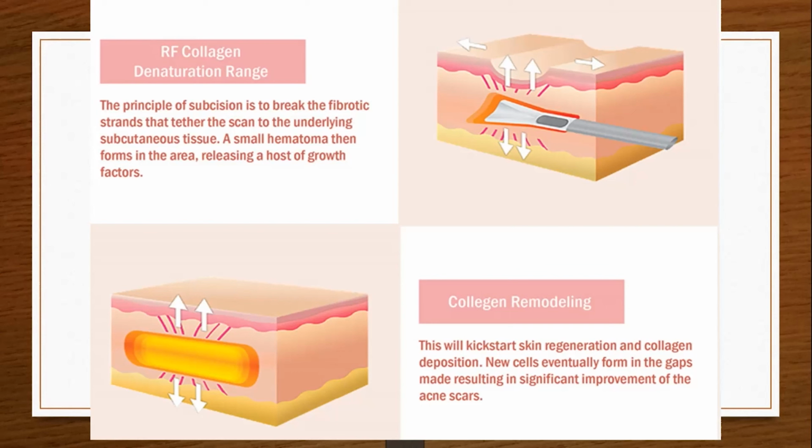This hematoma will enhance the wound healing process, with generation of multiple growth factors, and it will help neocollagenesis, neocollagen formation, so that there will be enough collagen to replace the fibrous band. Next slide, please.